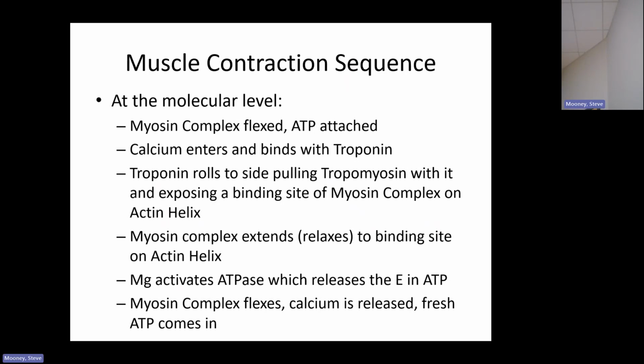Nerve impulse, calcium comes in. Okay, so actin, we're going to represent our open binding sites by doing this. Either we're going to be closed or we're going to be open. Everybody with me so far?